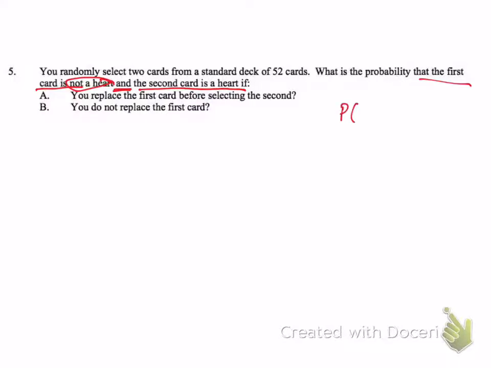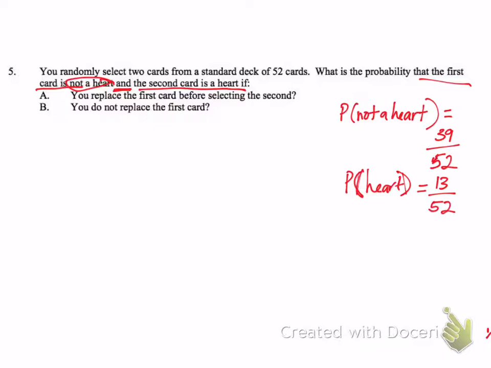So the probability of not a heart, or we could call that heart complement, would be what out of what? How many of them are not a heart? 39. 39 out of 52. Or you could do 52 minus 13, 39. And the probability of a heart is what?